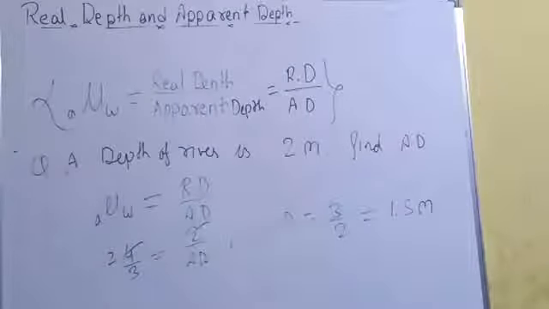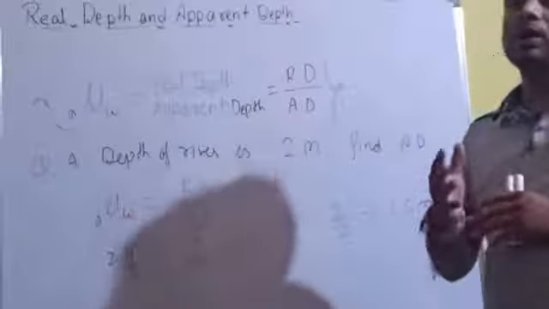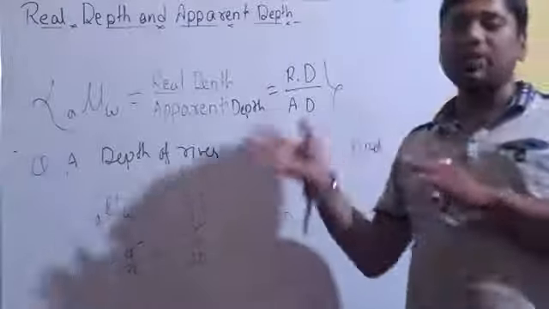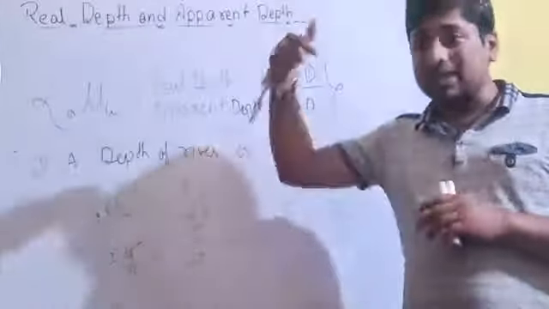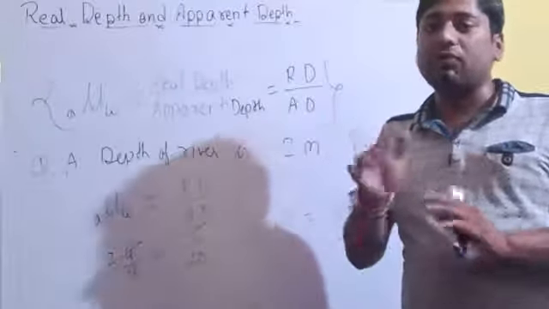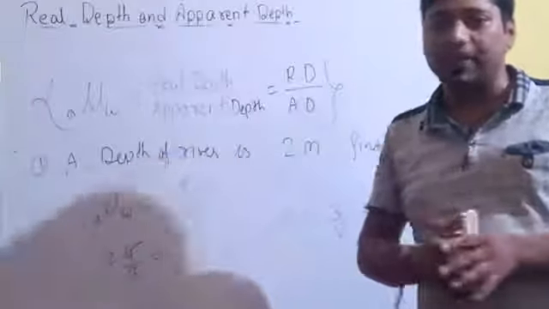Next case, what happens when the fish is seeing you? When you are at the top, in the first case we saw that when you are seeing the fish, the fish appears raised. But what happens when the case is reversed? Now the fish is seeing you. See here.